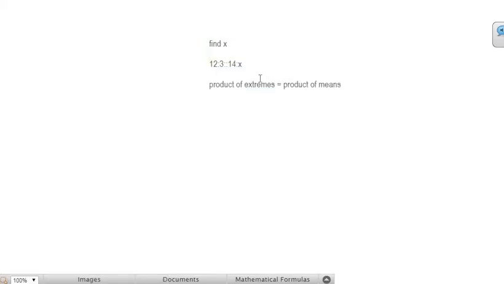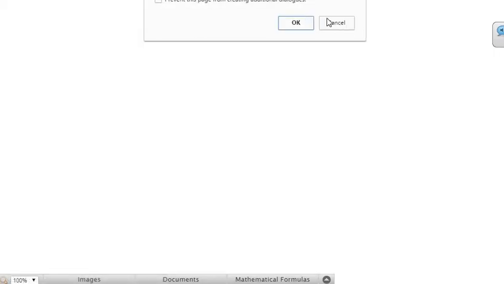Now let me just explain to you what are extremes and what are means. Now these two that you see here, 3 and 14, okay, so let's take that sum. 12 is to 3 such that 14 is to x.